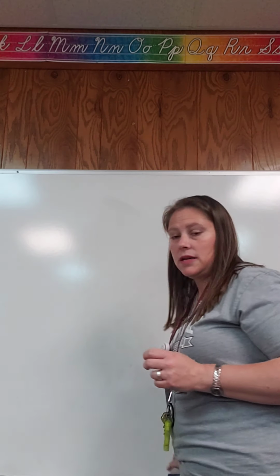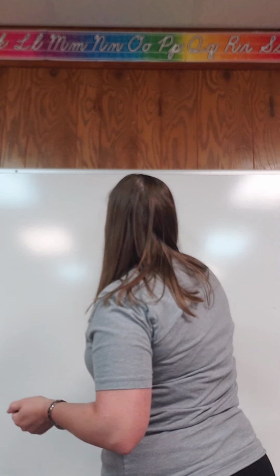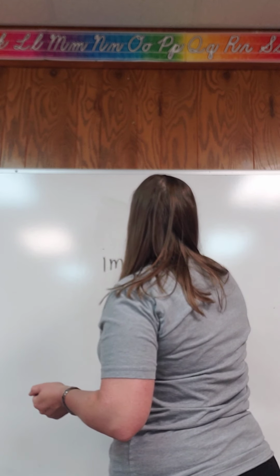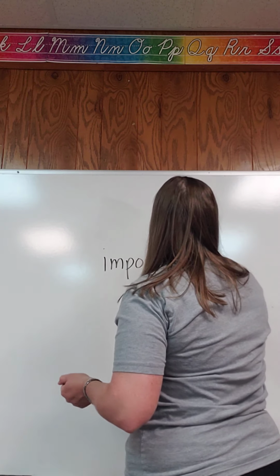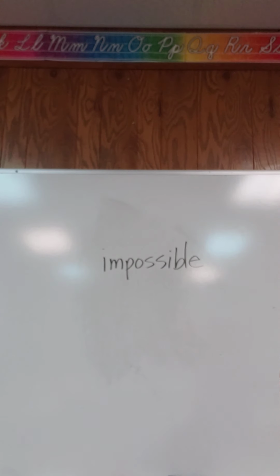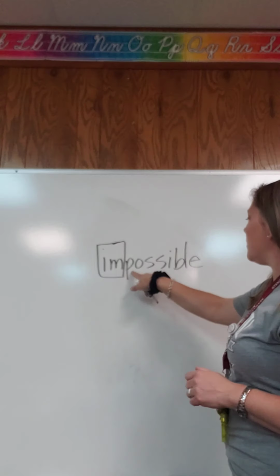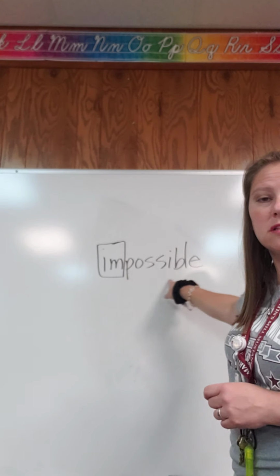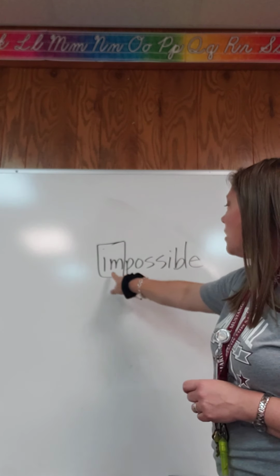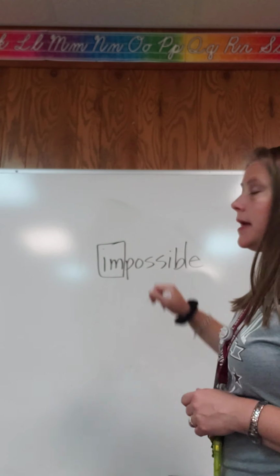Guess what? We get to take a look at some more. We'll just do one. Take a look at that one. See if you can identify the prefix. If you said im and saw that possible was left behind to make the word impossible, then you were correct.